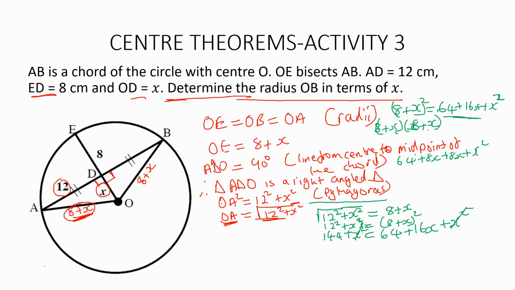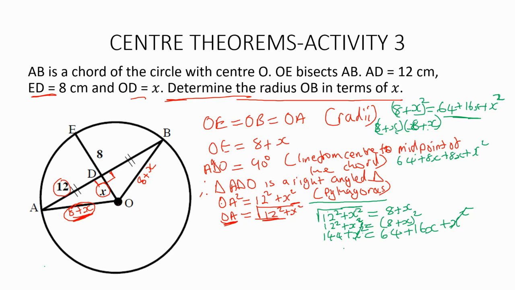So we remain with 144 minus 64. If I remove 44 from 64 here, I remain with 20. So I can say 144 minus 44, which is 100, and then 100 minus 20, which is 80. You see that?